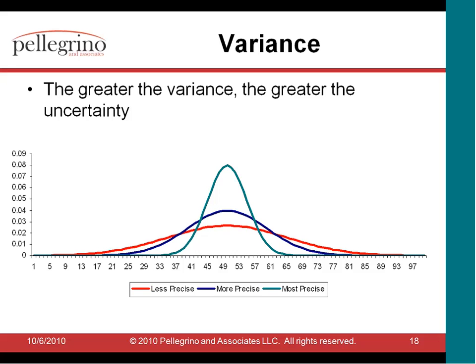The darker blue is better, and then the lighter blue is the best. And the reason is because you're seeing a greater concentration about the mean of the combination of all those different inputs over time.